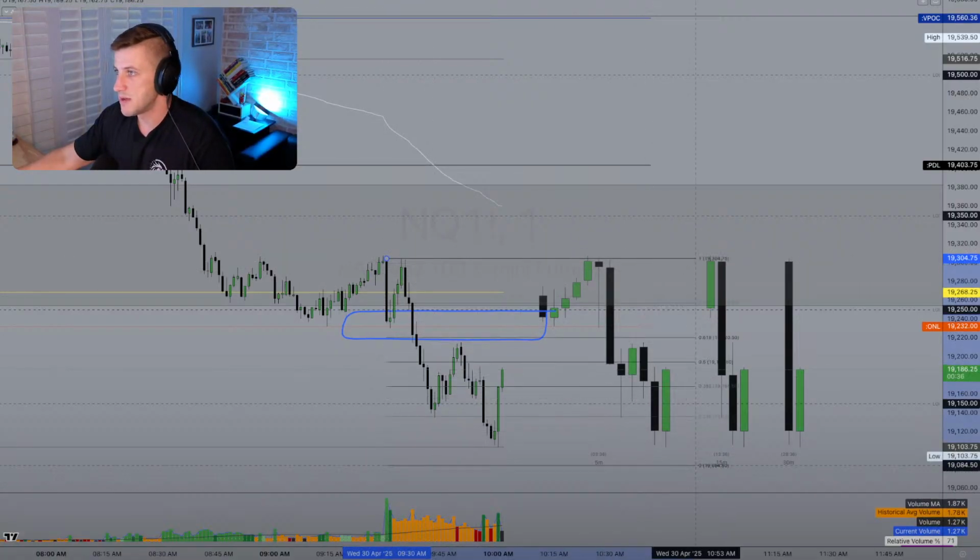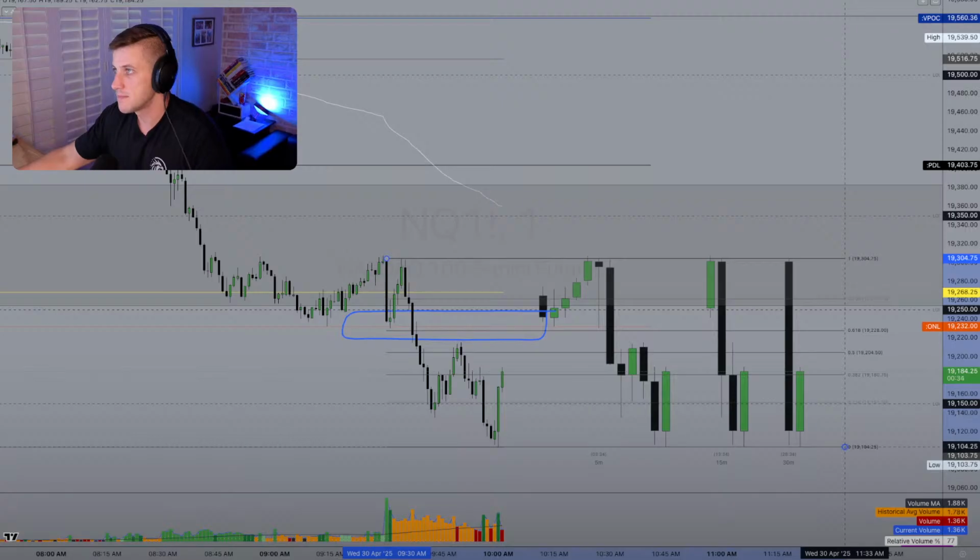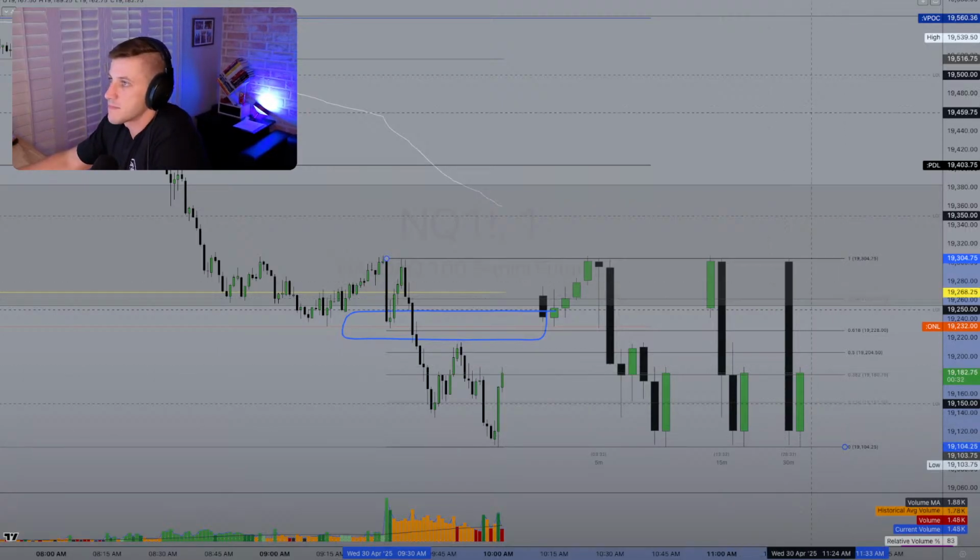Let's bring those fibs back into the mix here. There's that 38%. 50 is at 19,205.